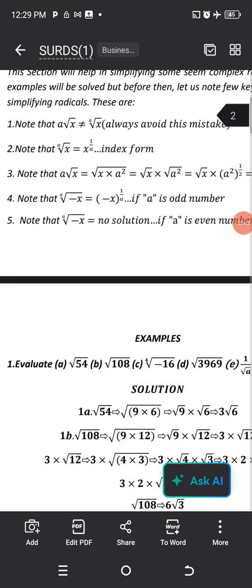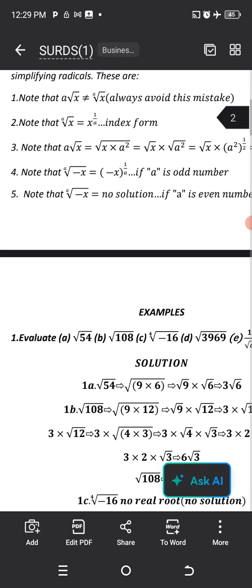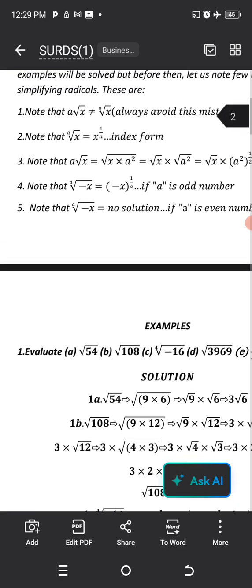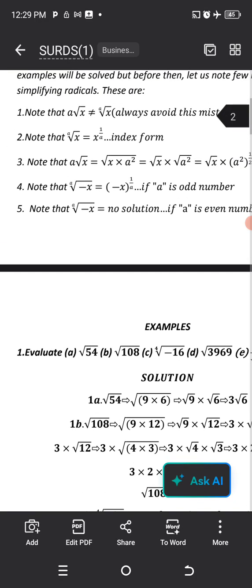The third thing you must know is that I've tried to express the difference between the square root of x, which is not equal to the a-th root of x. The a-th root of x is equal to x raised to power 1 over a.